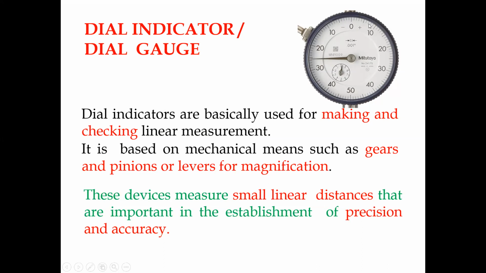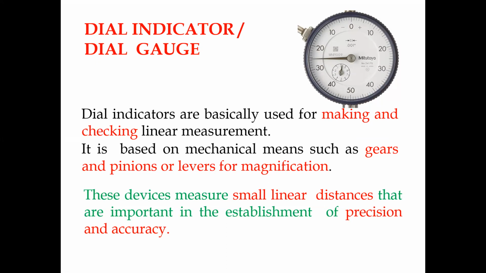If you observe clearly here, the complete dial indicator has a circular, graduated dial. The least count of this dial indicator is 0.01. There is one more dial inside, with a small indicator pointer.